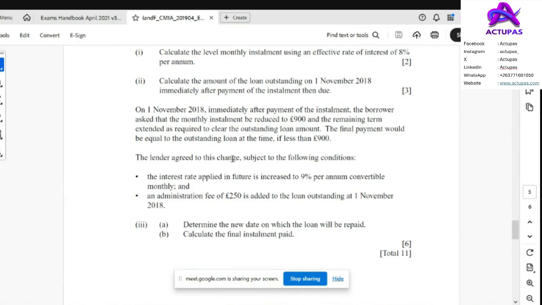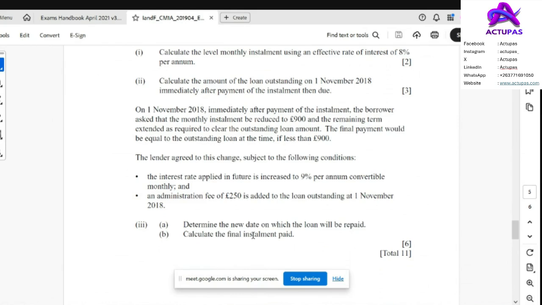The lender agreed to this change subject to the following conditions. The interest rate applied in future is increased to 9% per annum convertible monthly, and an administration fee of £250 is added to the loan outstanding at 1 November 2018. 3A, determine the new date on which the loan will be repaid, and then calculate the final installment paid.